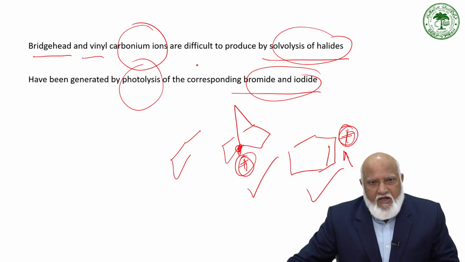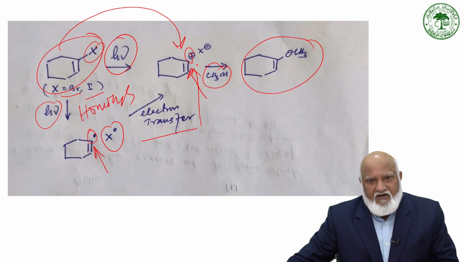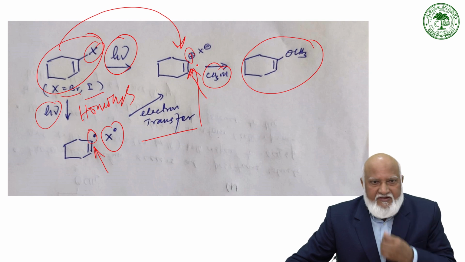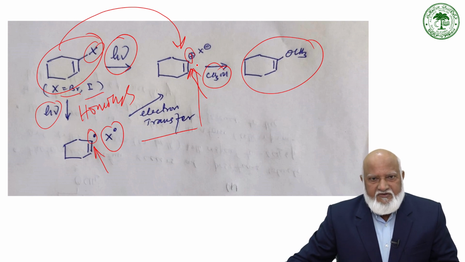Similarly, the carbocation generated on the bridgehead carbon as well as on the vinyl carbon, which is difficult through the solvolysis method, can be achieved via the photolytic method to give these products.